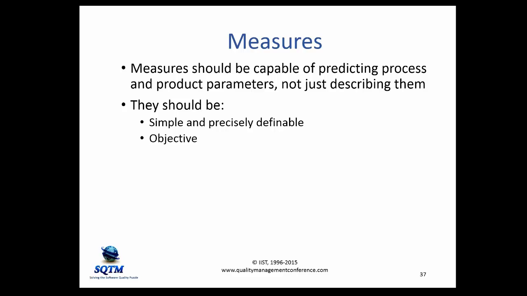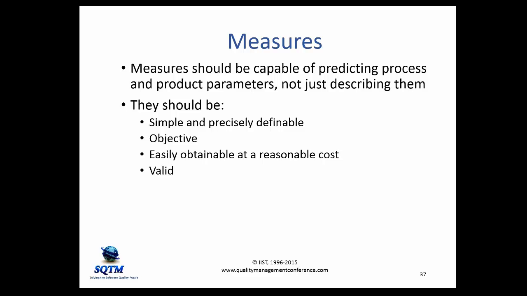It's got to be objective, and whatever the data shows is what it shows. Be willing to live with it and fix it. Easily obtainable at a reasonable cost. You can't spend more to obtain these measures than they're going to give you a return on.